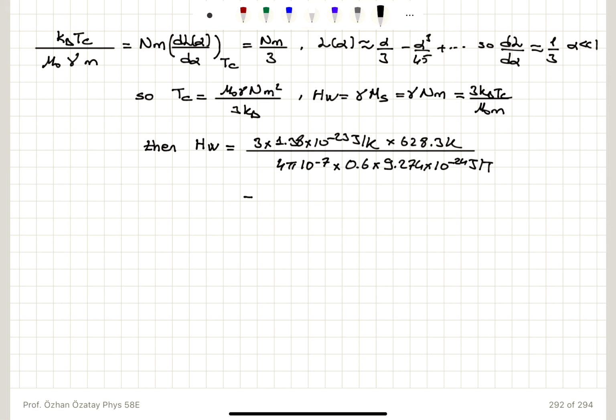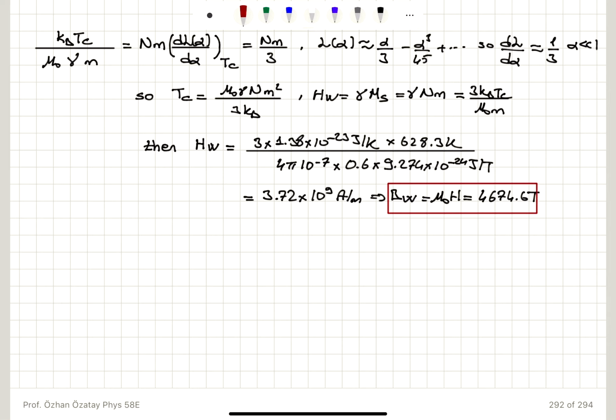So this gives us 3.72 times 10 to the 9 ampere per meter, or if we find the B field, the magnetic induction, that is mu0 times H, this is 4,674.6 Tesla. So it's a very large field.